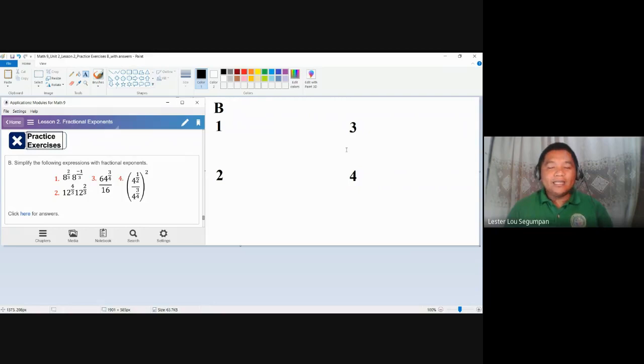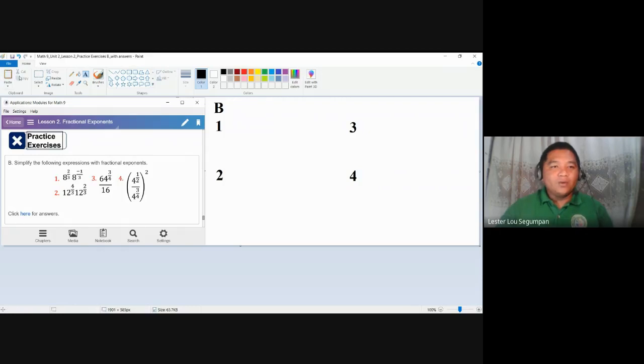What we just added in this lesson is the use of the transformation as we simplify expressions with fractional exponents. So before we give the final result of these expressions, we need to use the laws of exponents in simplifying them.